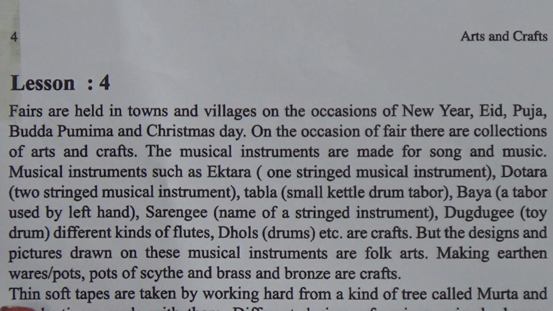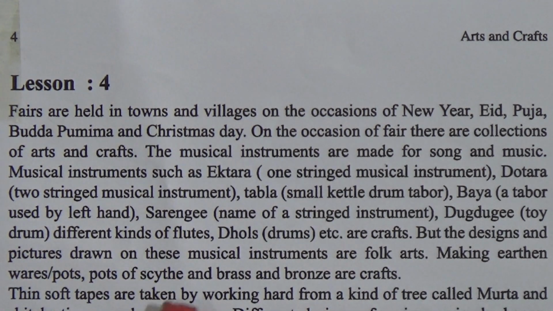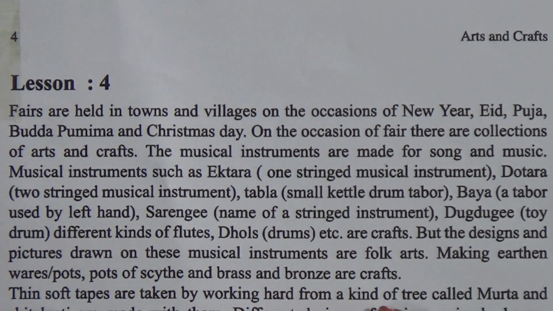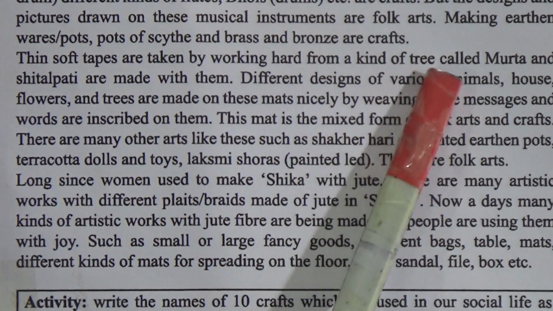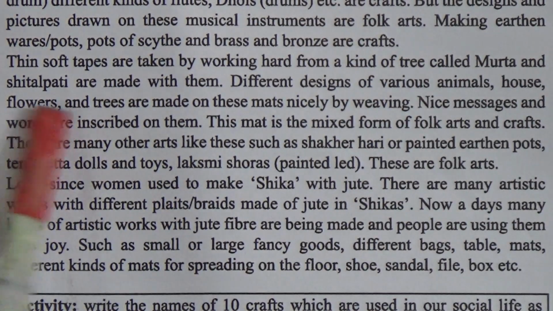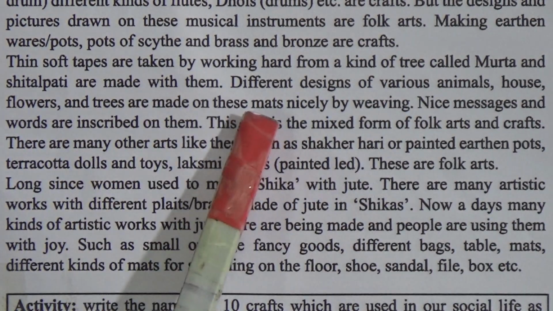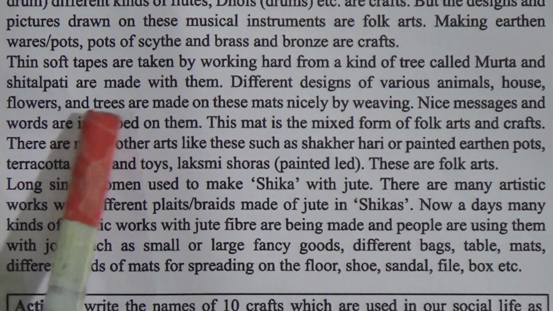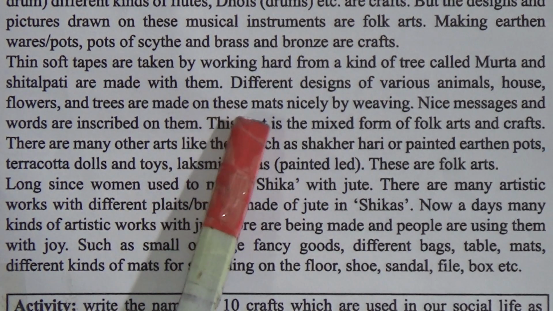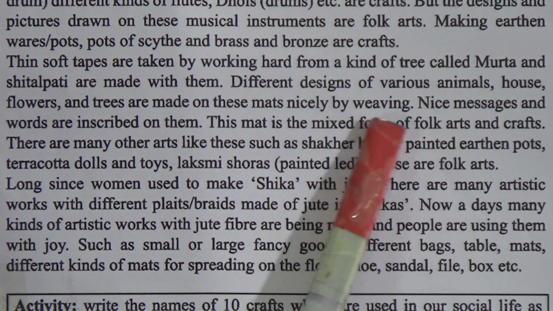Making earthenwares, pots of scythe, and brass and bronze are crafts. Strips are taken with hard work from a kind of tree called mutta, and shitol pati are made with them. Different designs of various animals, houses, flowers and trees are made on these mats nicely by weaving.